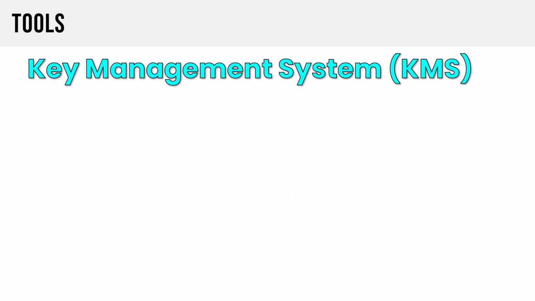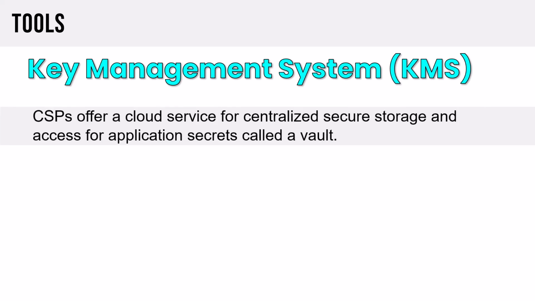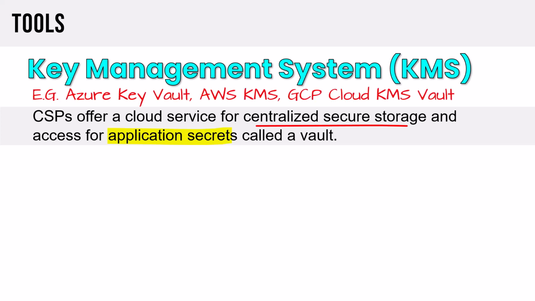And next we have the Key Management System, or KMS. So your cloud service providers offer a cloud service for centralized secure storage and access for your application secrets called a vault. So the name varies by cloud platform. Azure has Key Vault, AWS has their KMS offering, and Google Cloud Platform also has a KMS Vault, they call it.